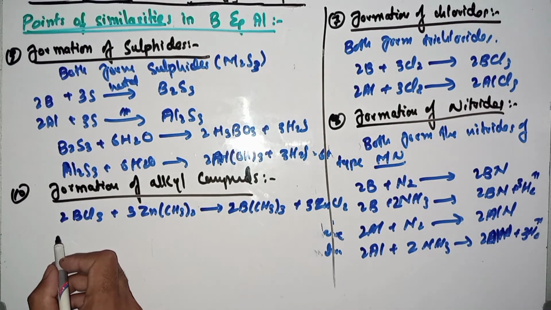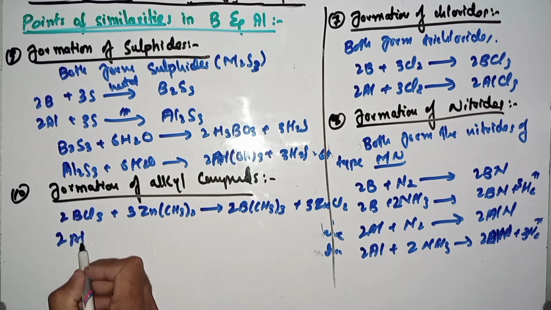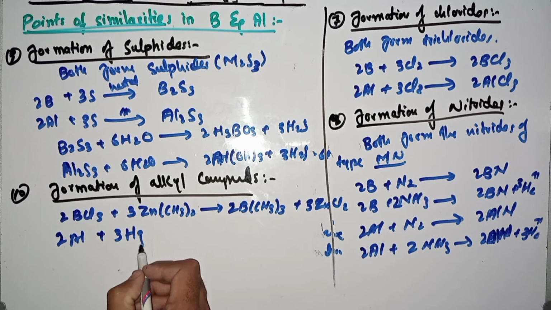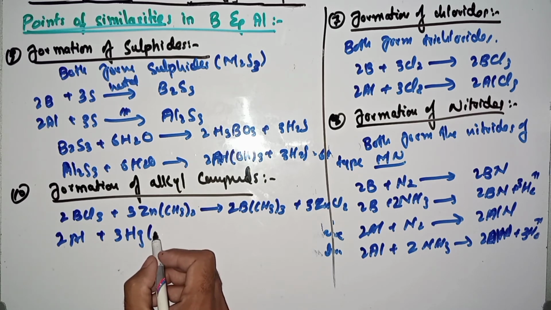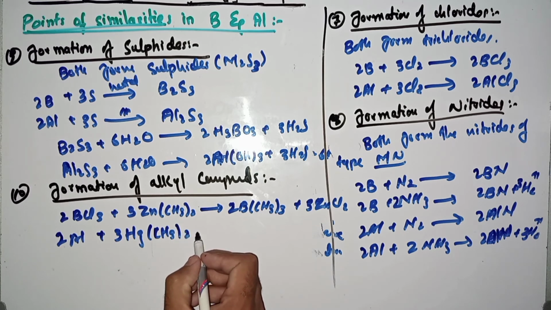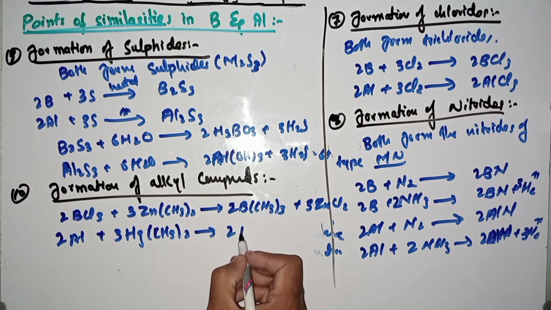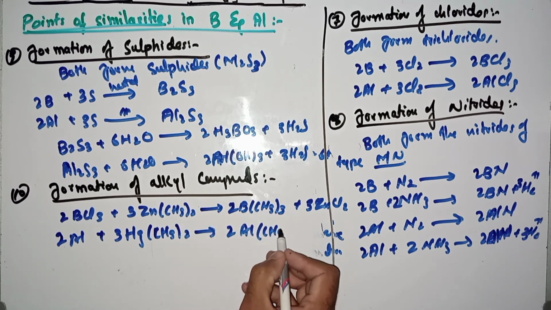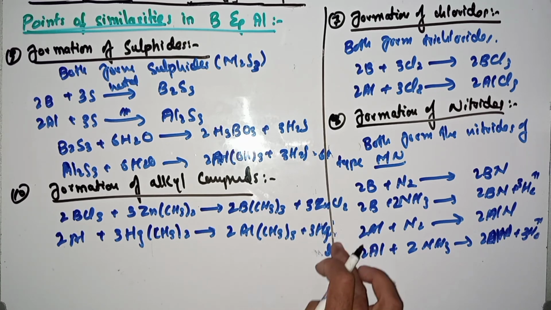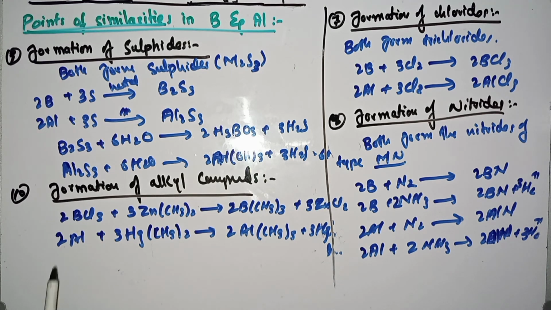For boron. Then for aluminum similarly, when 2Al are reacted with alkyl compound, that is HgCH3, it will generate 2AlCH3 plus 3Hg. In both cases these are the same: both are reactive towards alkyl and generate alkyl compounds.